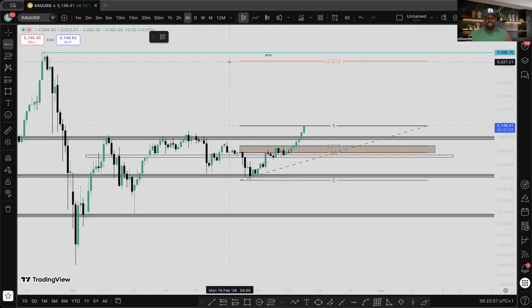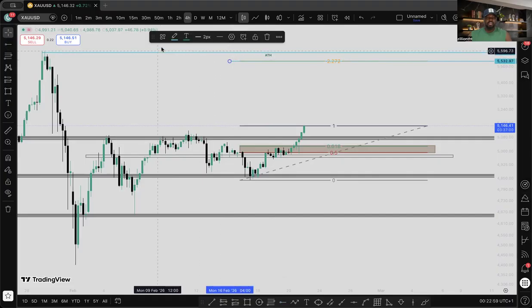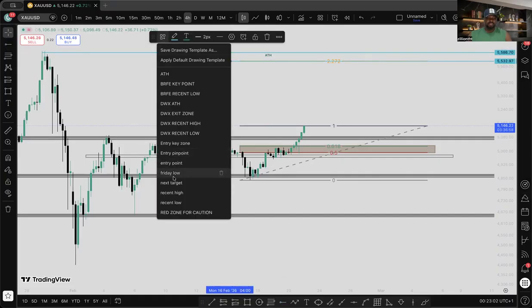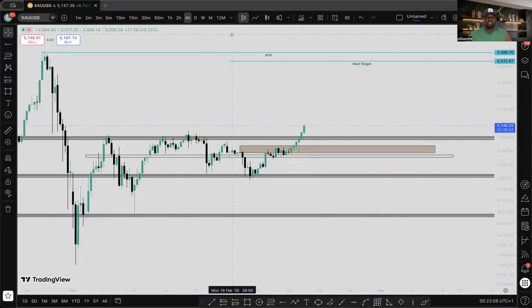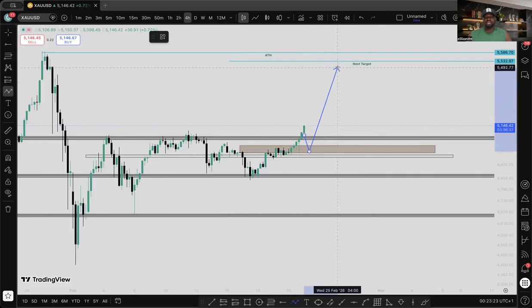This next target. Yeah, that's it. All right. Let's take this one out. So that is where the price is telling us. So basically, what are we going to be doing? We're going to be waiting for price to retrace back to the zone, give us that weak rejection, and we start pushing higher.